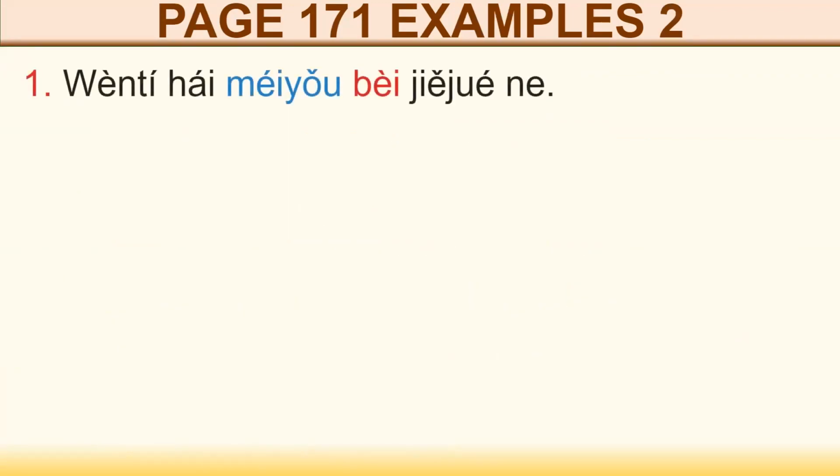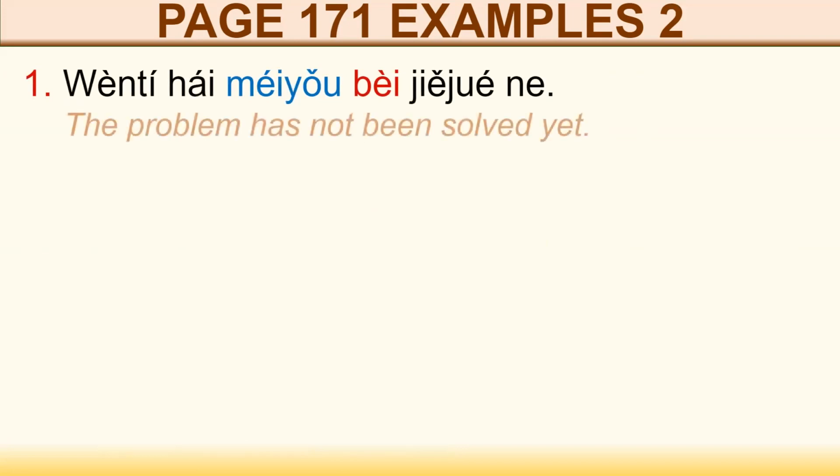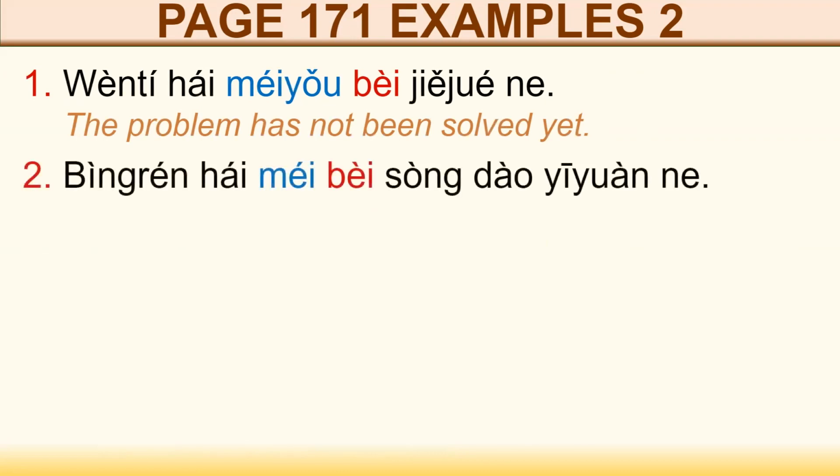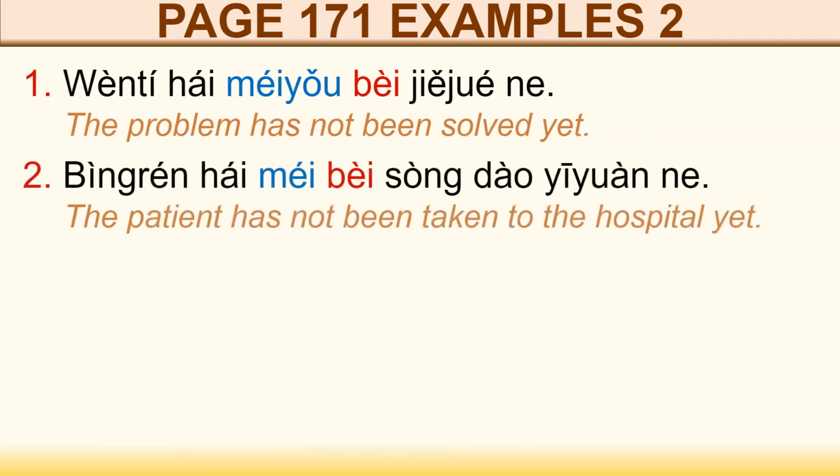We also have a second set of sentences here. The first one, 问题还没有被解决呢. The problem has not been solved yet. Number 2, 病人还没被送到医院呢. The patient has not been taken to the hospital yet.